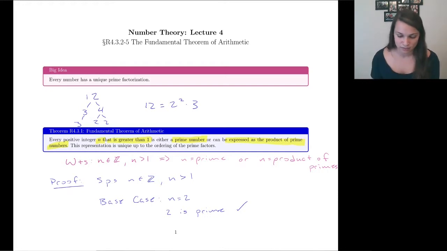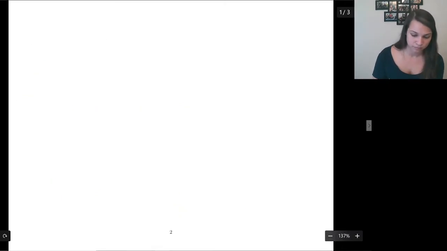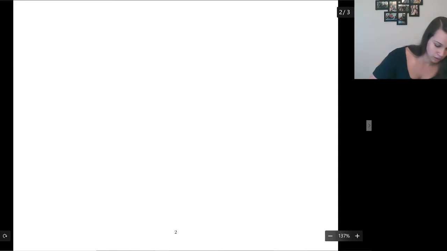So we are done. Next, we have to do our inductive step. Remember, for our inductive step, we assume it's true for n, and then we prove it has to also be true for n plus 1. So, inductive step.